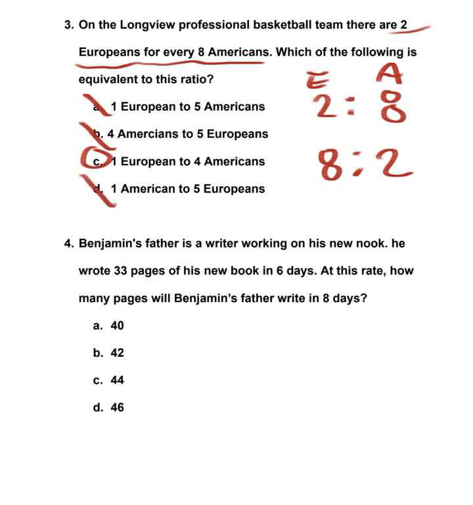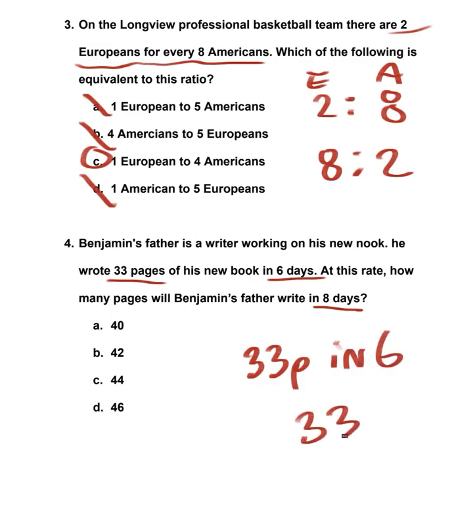And then D does not fit in. 4. Benjamin's father is a writer working on his new book. He wrote 33 pages of his new book in 6 days. At this rate, how many pages will Benjamin's father write in 8 days? So 33 pages in 6 days. We can simplify this by going 33 divided by 6, which is equal to 5.5.